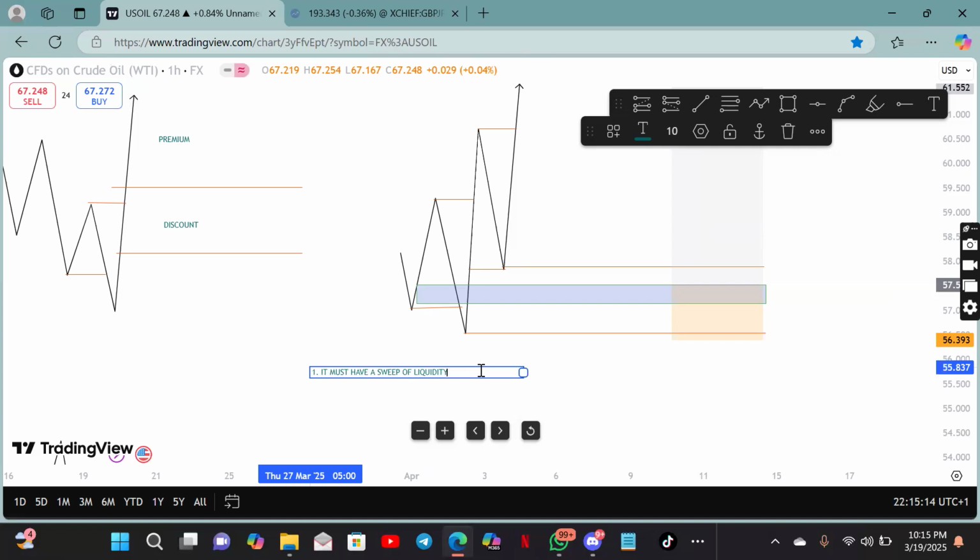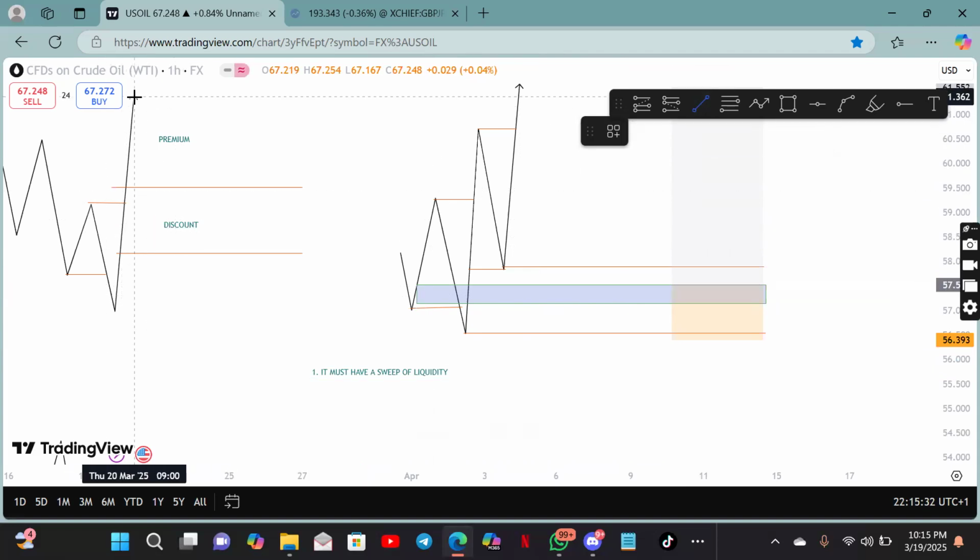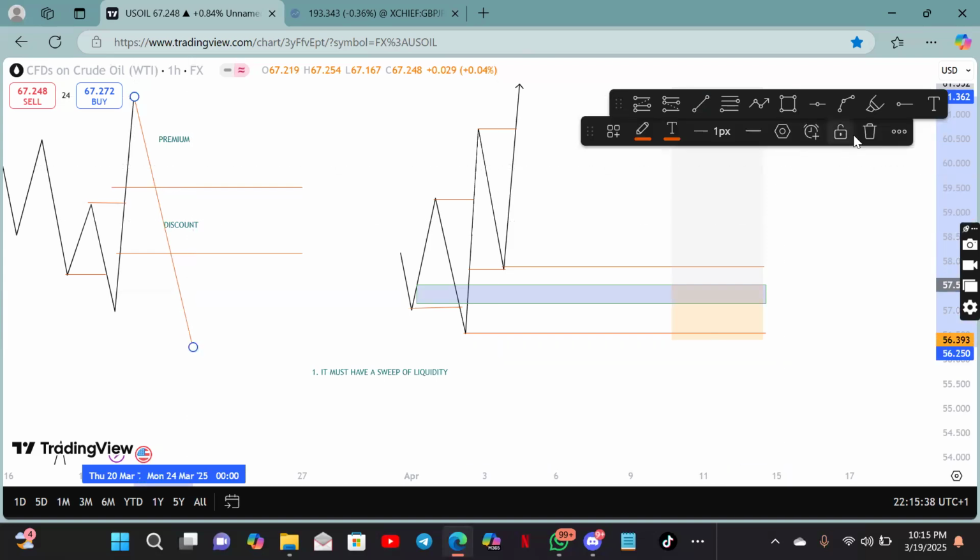If it does not have a sweep like this and does not have structural liquidity, just know you are the one it will first come and take out before going up. The way it is as plain as this, it will come and take you out before going up. Have you not entered a trade like that?